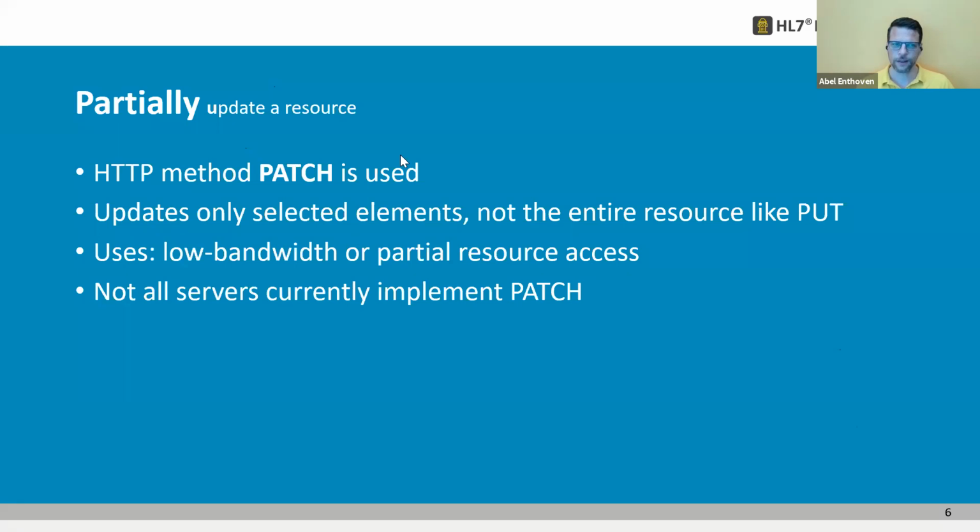Bonk is working on it, and I think some other servers already support it. But there's a problem with patch because if you use a patch, then you update only selected elements of the resource. So you could, for example, just update the name of Aretha and leave the other elements of Aretha as they are.